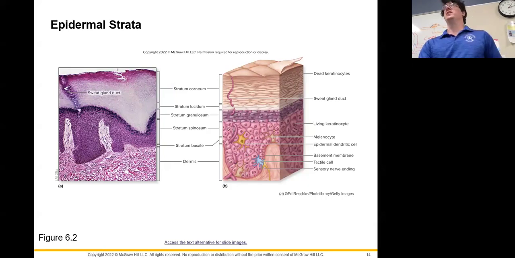Now, the only other cell that we need to worry about in our stratum spinosum is going to be this little yellow guy right here. These are called dendritic cells, okay? If you ever see a cell that's got these like little feeler regions, so say we have a cell body right here, but it's got these little feeler regions reaching around out here, like looking for signals, these are almost always going to be called dendrites, okay?